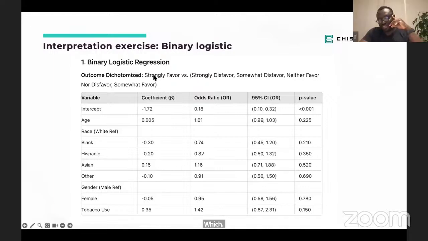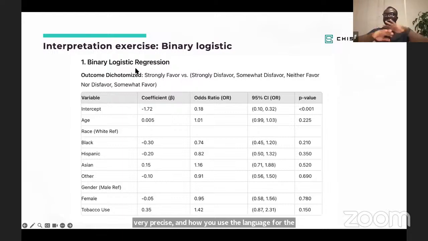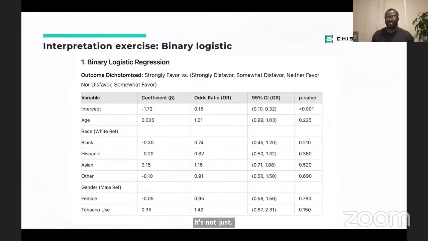Thank you. Now, again, not picking on you, but you also want to be very precise in how you use the language for the outcomes. It's not just favoring menthol. It's strongly favoring, because remember, we're looking at strongly favor versus the others. So saying that the results are favored doesn't really capture the nuance.